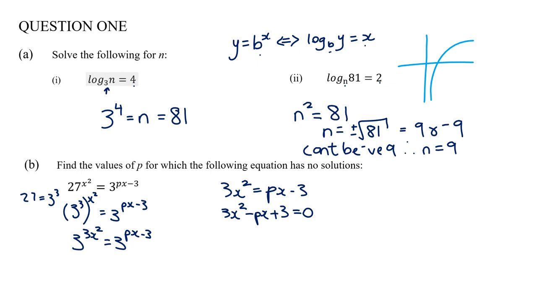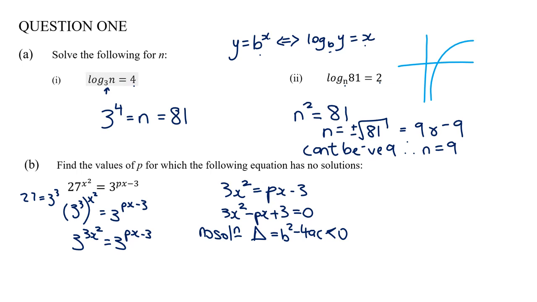Okay, but it says which values of p does the equation have no solutions? What does that remind you of? Something about having no solutions. Yeah, what's less than 0? Not the quadratic formula, but the discriminant in the quadratic formula. Does that make sense? So no solutions implies that the discriminant, which is b squared minus 4ac, is less than 0.